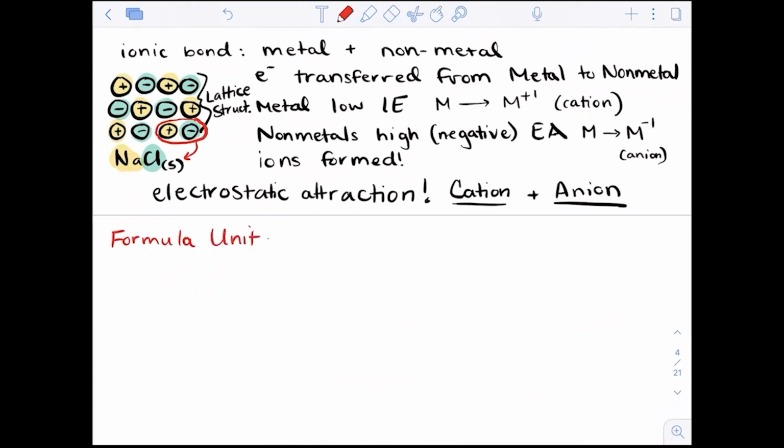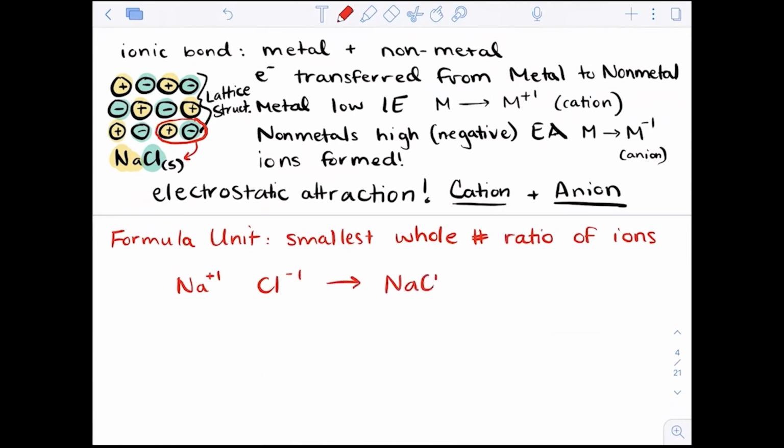A formula unit will be the smallest whole number ratio of ions. So when I think about a sodium +1 and a chlorine -1, yes, they make sodium chloride. There is my formula.